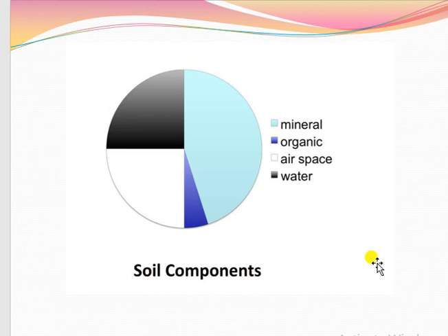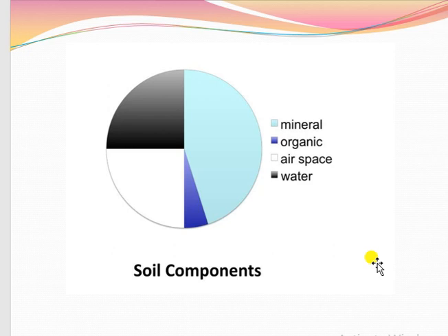These are only four components which contribute to soil. The first one is mineral matter. In the figure, I have not shown the actual percentage. In the pictorial pie chart, you have to analyze it. That black portion is soil water, which is 25%.